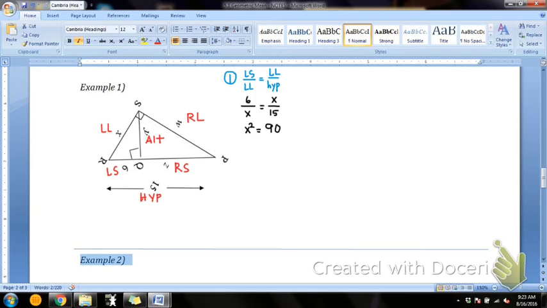How do we get x by itself? Take the square root. Do you guys know how to do the square root on your graphing calculators? You hit second and then the x squared button on the left, and it gives you the square root sign. The square root of 90 doesn't work out evenly, we get a decimal, and boy, aren't you glad yesterday we practiced how to simplify radicals.